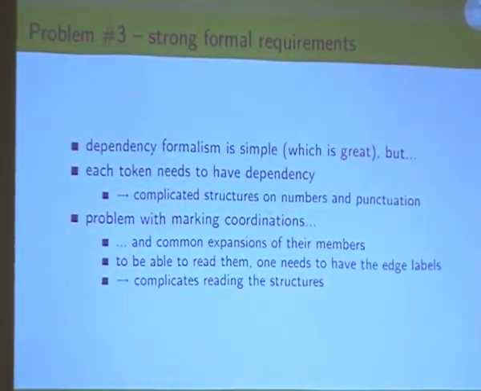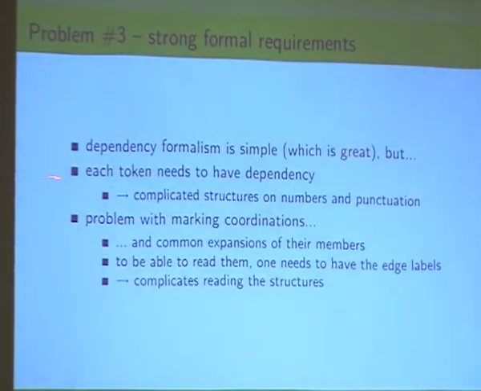Problem number 3 relates to the formalism itself, it can be said. The dependency formalism is simple, which is definitely good, but it introduces some requirements on the analysis that make the analysis not as simple as the formalism is.